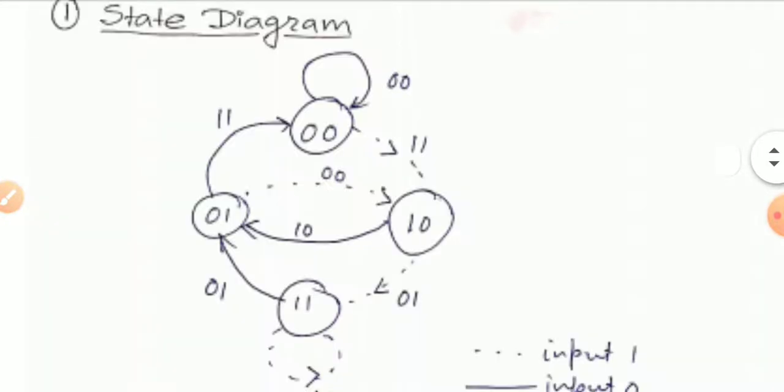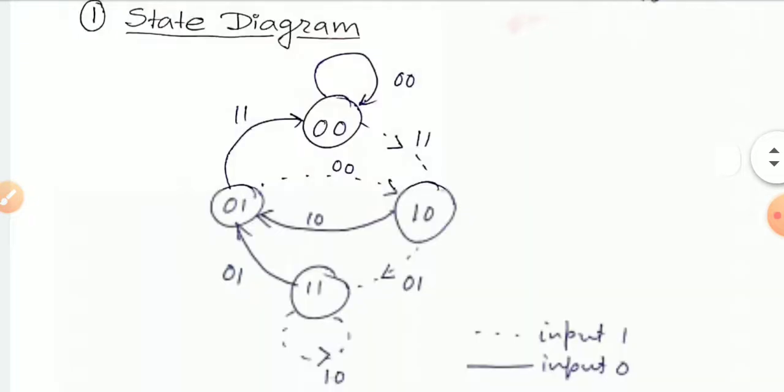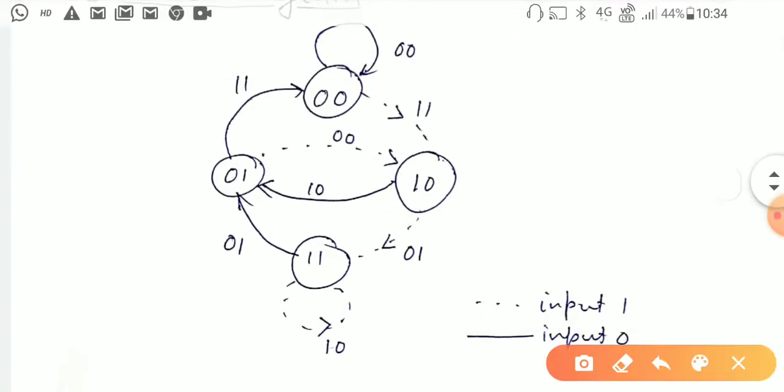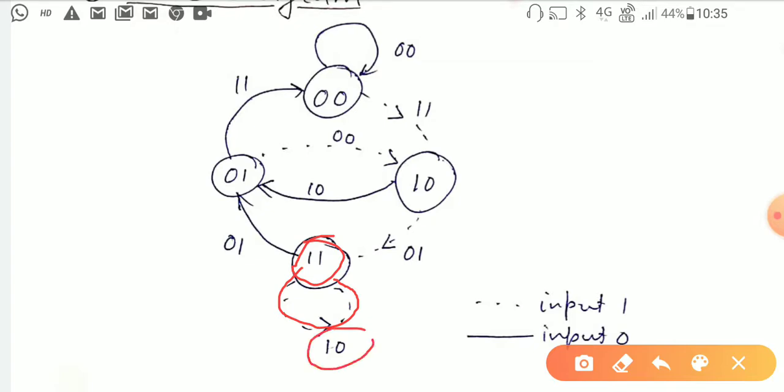So here, this is also written for you. Look, if you consider the present state as 1 1, and you apply the input 1, what happens? It comes back to the same position: the present state value becomes the next state value as well, that is 1 1, but the output will be 1 0 in that case.